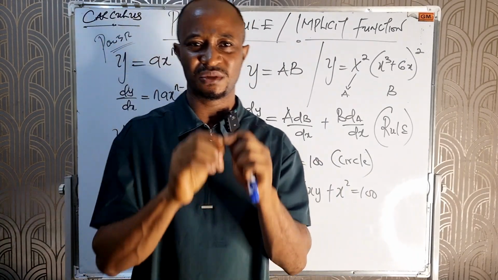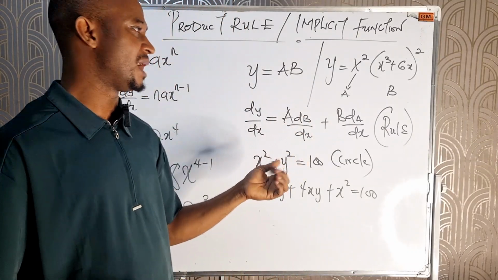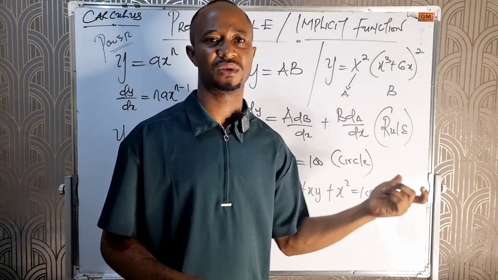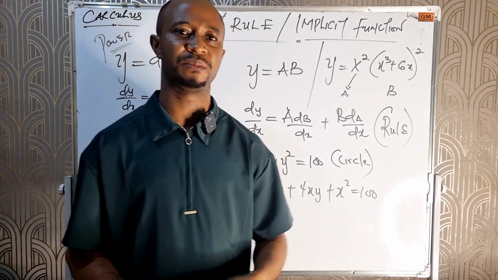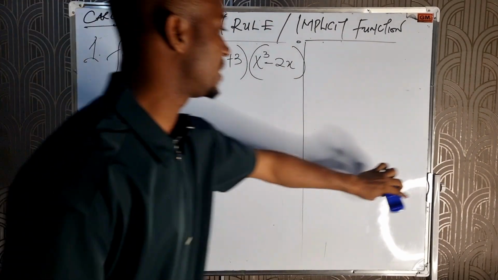Meaning, I'll be doing two different differentiations today. I'll be differentiating product function and implicit what? Function. Okay, so let's continue. Let's look at this question. Before we solve this, I want us to remember something.